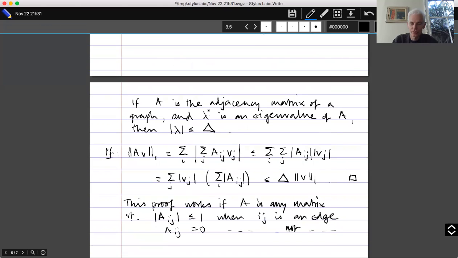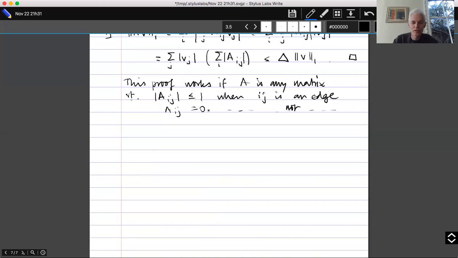Okay, well, I'm actually going to define a matrix on Qn itself.